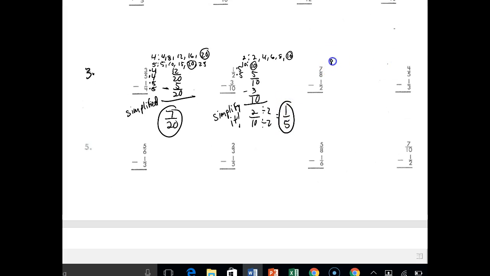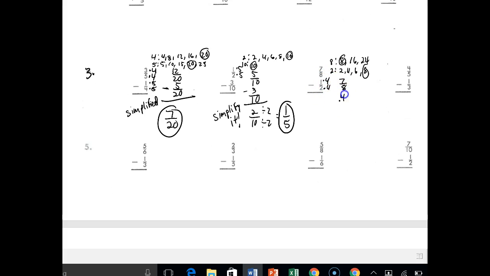Right? 7/8 and 1/2. So 8 and 2. So we say 8, 16, 24. We'll stop there. 2, 4, 6, 8. Look at that. So 7/8 we can leave alone. And 1/2 I have to multiply by 4. So times 4 times 4. Sorry, I've kind of messed up here. Let's move this down here.